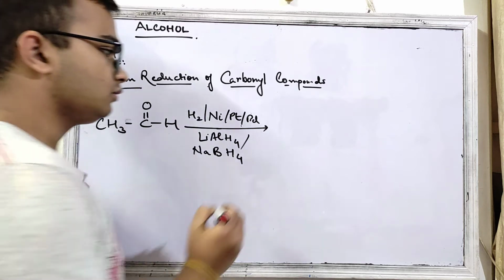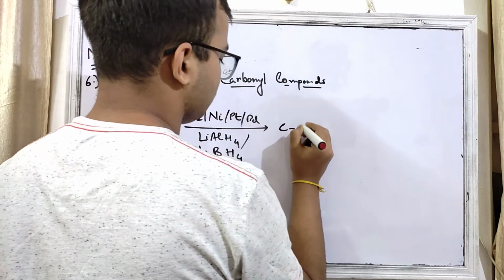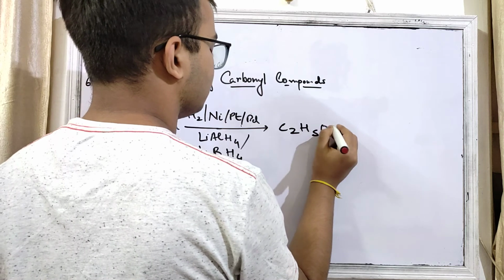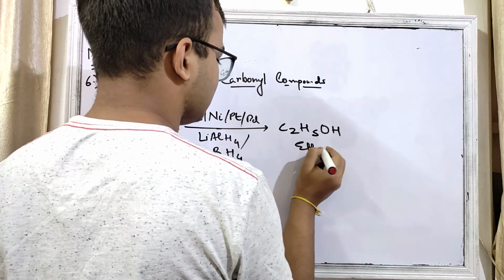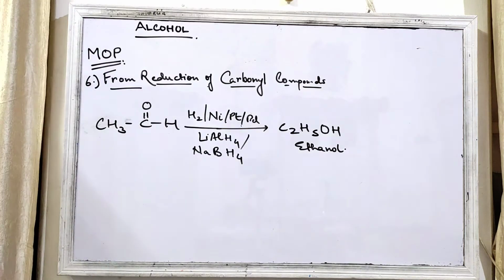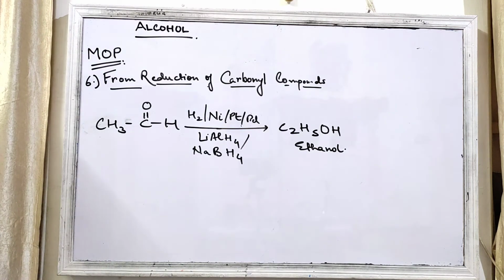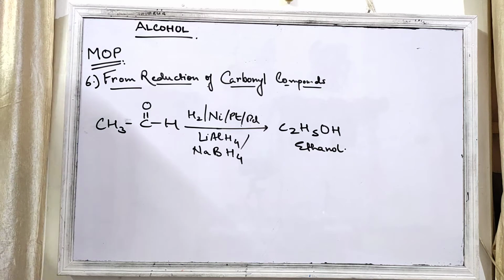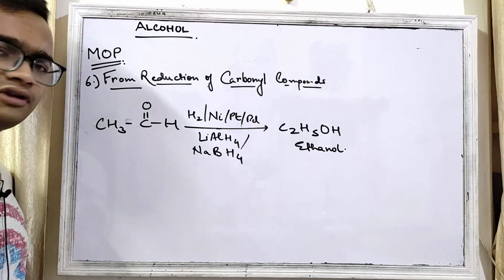So it will look like this, C2H5OH, which is my ethanol. This was the process of the preparation of alcohol from the carbonyl compounds.